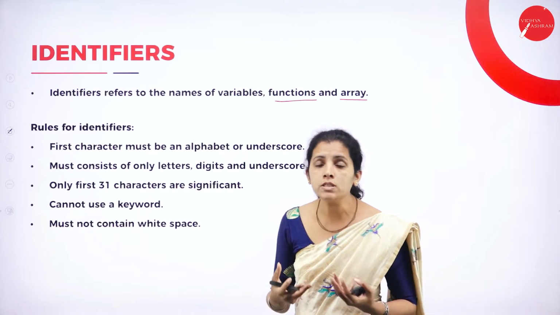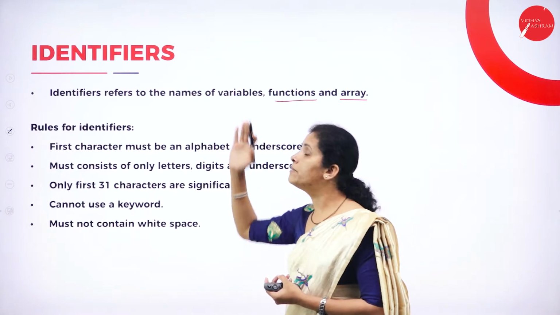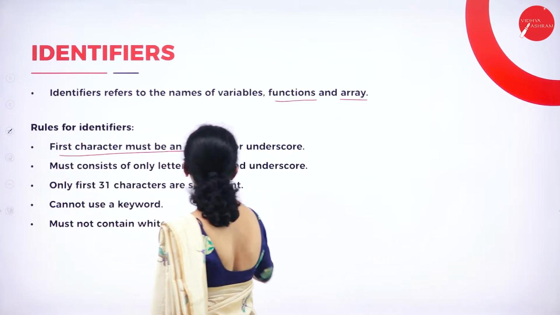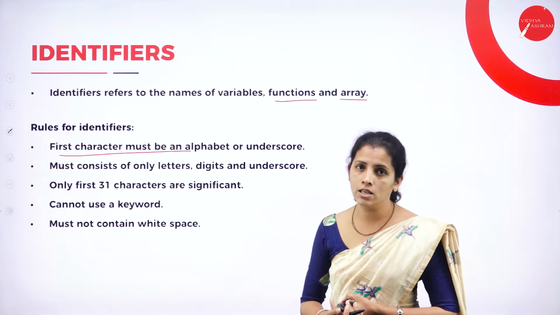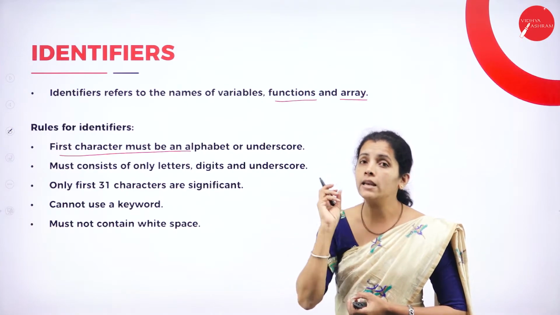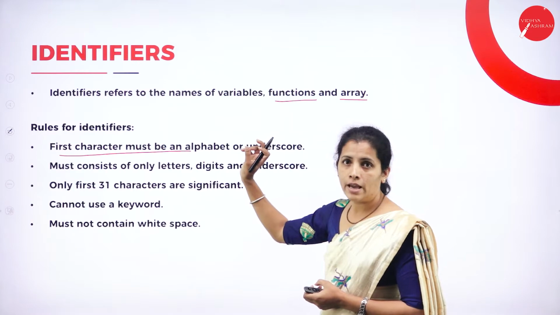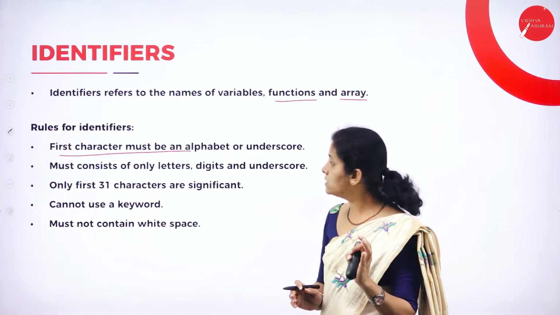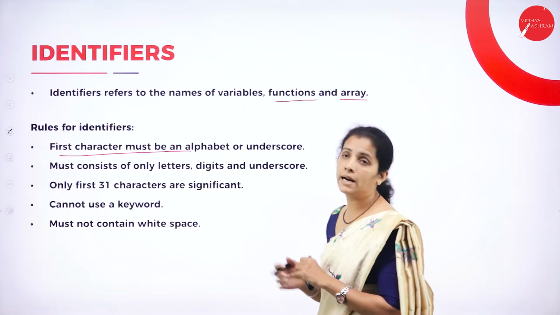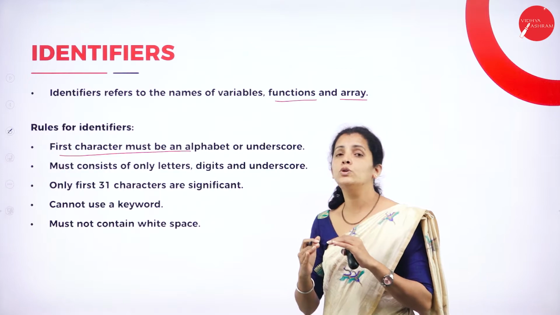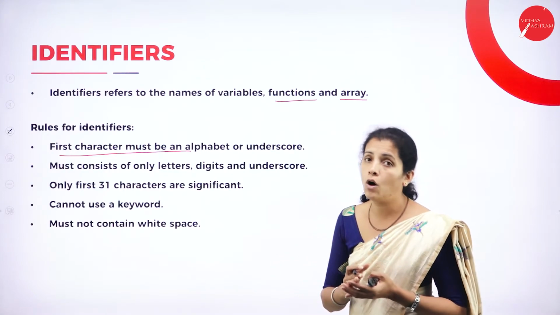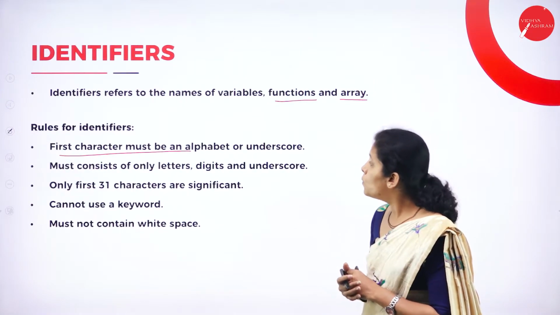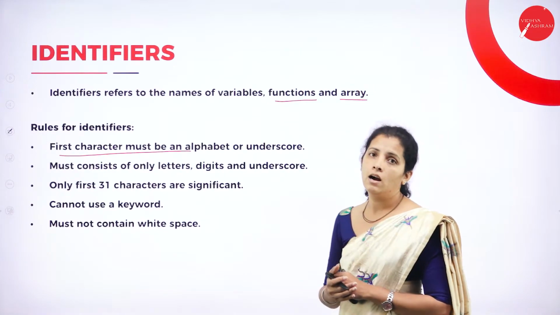And what are the rules I need to follow while defining an identifier? The first character must be an alphabet or underscore. That means while writing an identifier, I can use my first character as an alphabet or underscore. That means I'm going to begin with an alphabet or underscore. Then it must consist of only letters, digits and underscore.